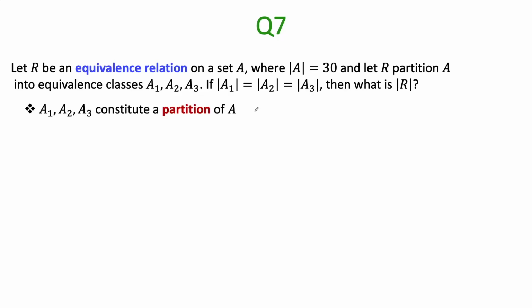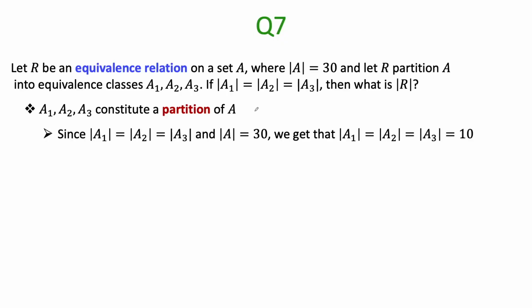Since the subsets A1, A2, A3 constitute a partition of the set A, and the size of each subset is the same, and the number of elements in the set A is 30, we get that the size of each subset in the partition is 10.